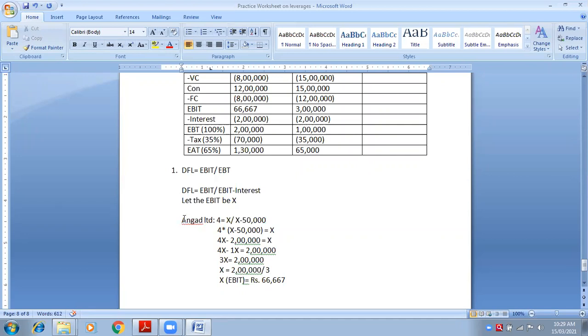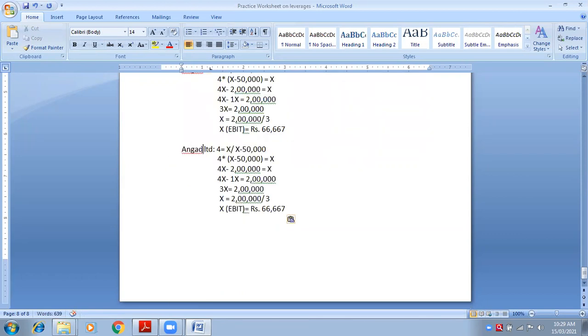Same way you have to solve it for Ganesh Limited. But you are going to leave lines now. Leave a few lines. You are going to solve it by yourself. I'm just going to ask you answers later on.